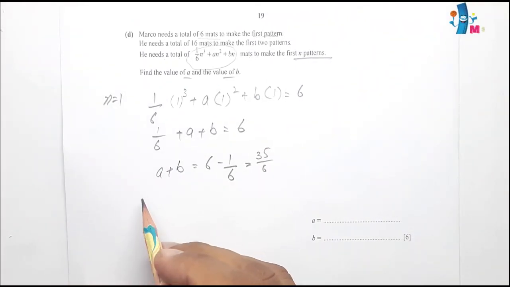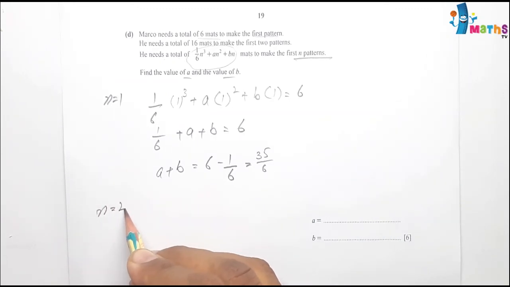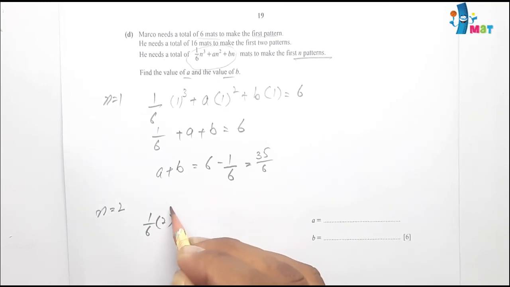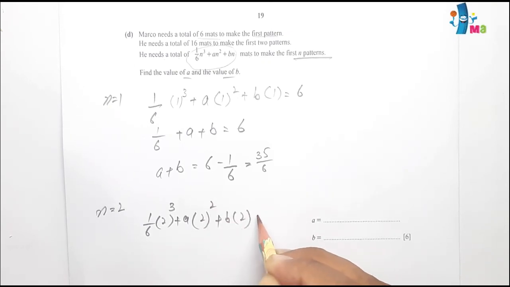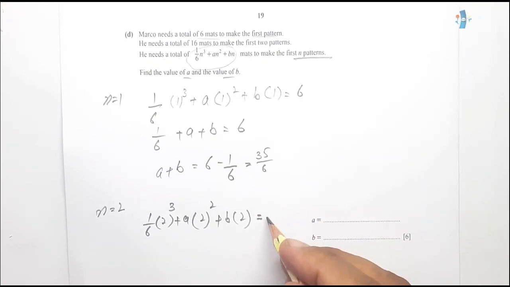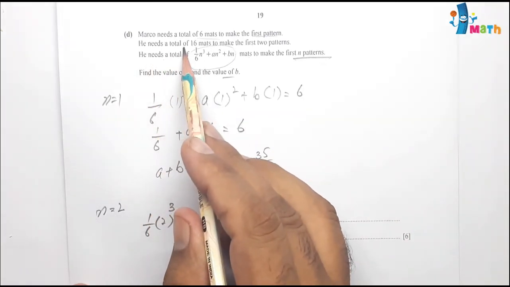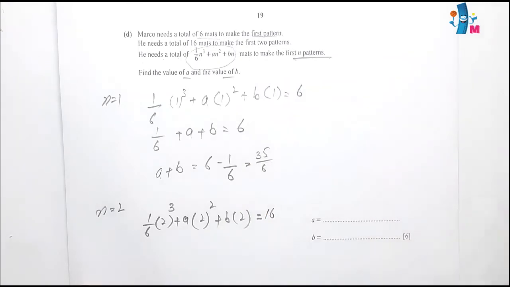Now for n is equal to 2, if we check, this will be 1 over 6 into 2 cube plus a into 2 squared plus b into 2 is equal to 16, because he needs a total of 16 to make the first two patterns.